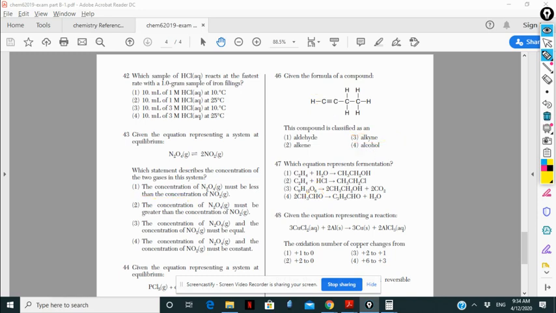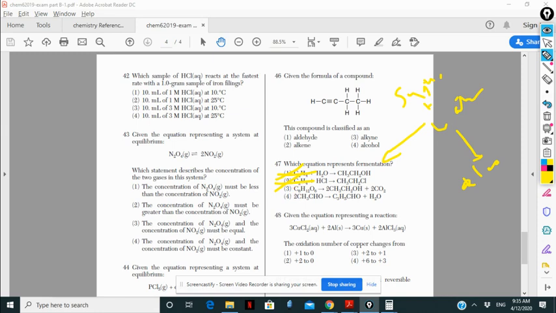Question 47. Which equation represents fermentation? Fermentation means sugar plus water giving me alcohol. So this one is incorrect, this one is incorrect, this one is incorrect. Sorry, go back.